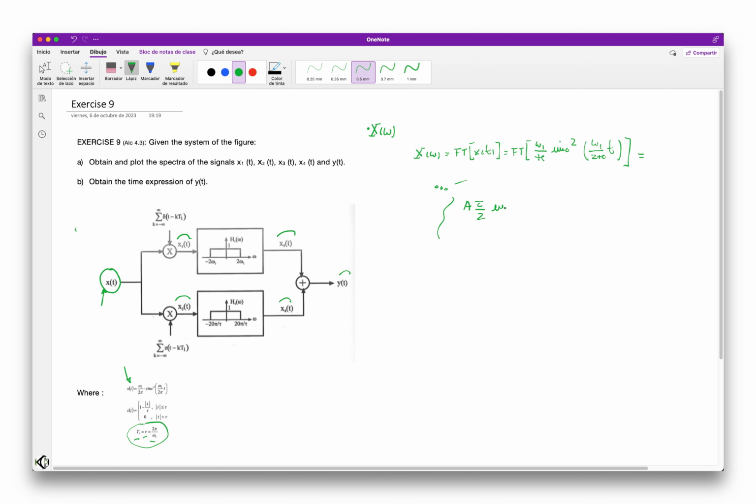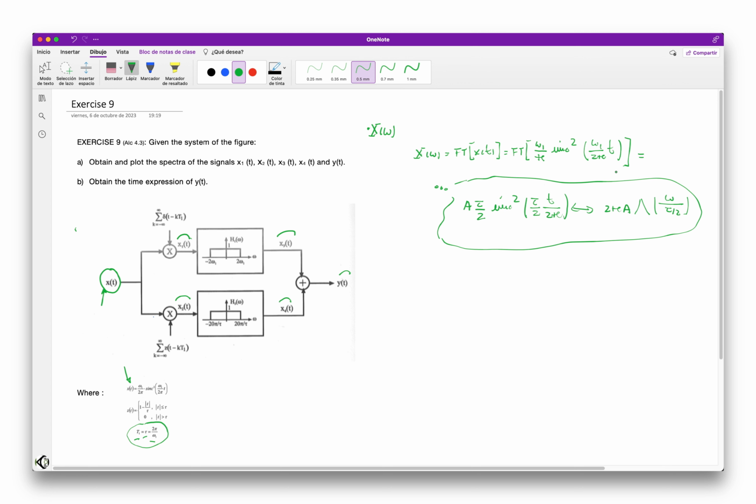The Fourier transform of a sinc square of this form is 2 pi A triangle of omega divided by tau divided by 2. So a triangle in frequency of a half duration tau divided by 2 and amplitude 2 pi A, capital A, transforms in a sinc square, as you can see over here.